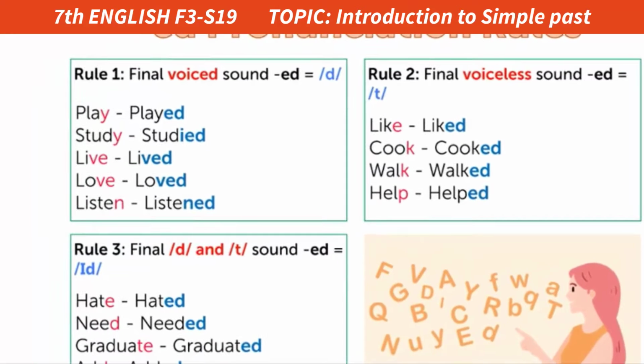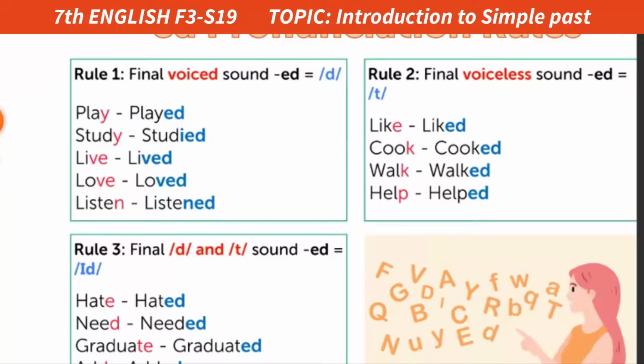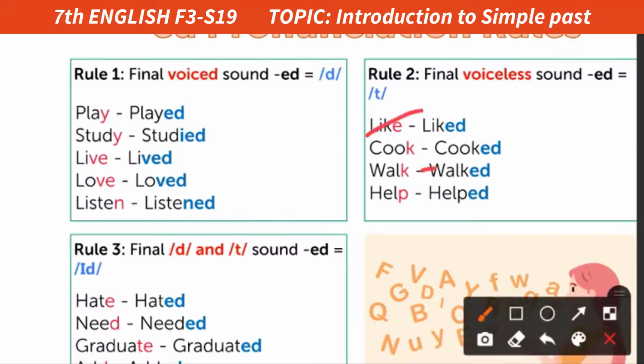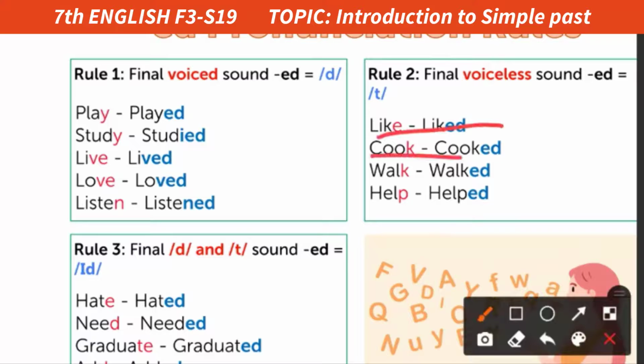Para que les resulte más fácil, se lo voy a resumir, ¿ok? Todos aquellos verbos que terminan en este sonido, todos ellos van a ser pronunciados con una T. Aquí tenemos el ejemplo: liked, cooked, walked, helped.